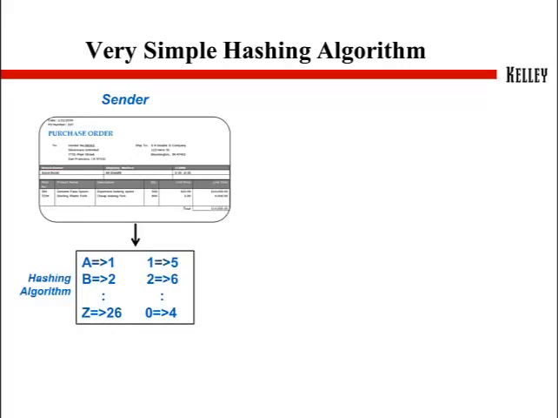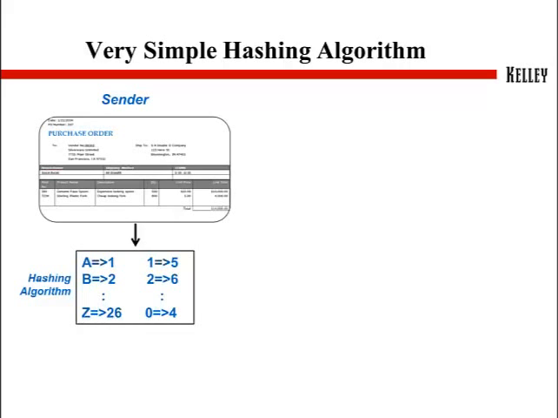And here's what the program does. It looks at the purchase order, and every time it sees an A, it substitutes the number 1. Every time it sees the letter B, it substitutes the number 2, all the way down to the letter Z. Also, every time it sees the number 1, it substitutes a 5. Every time it sees a number 2, it substitutes a 6, and so on. I think you get the idea.